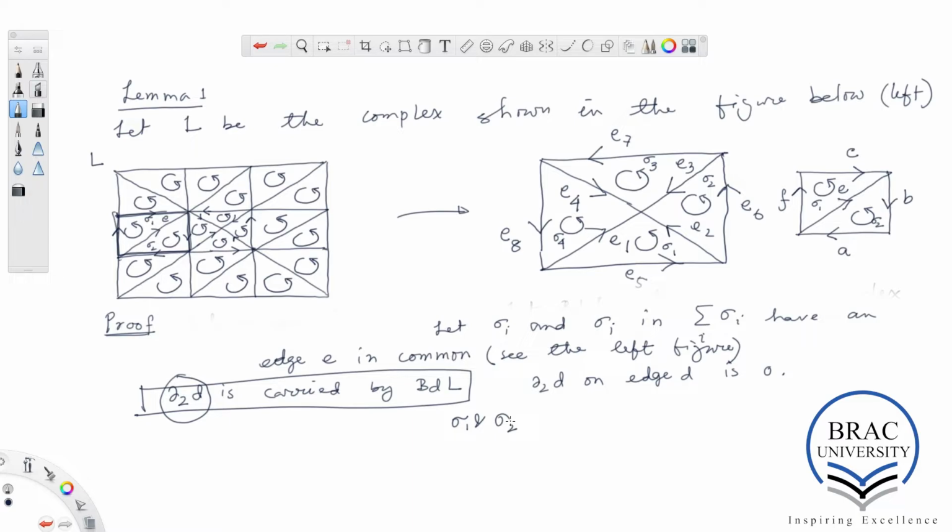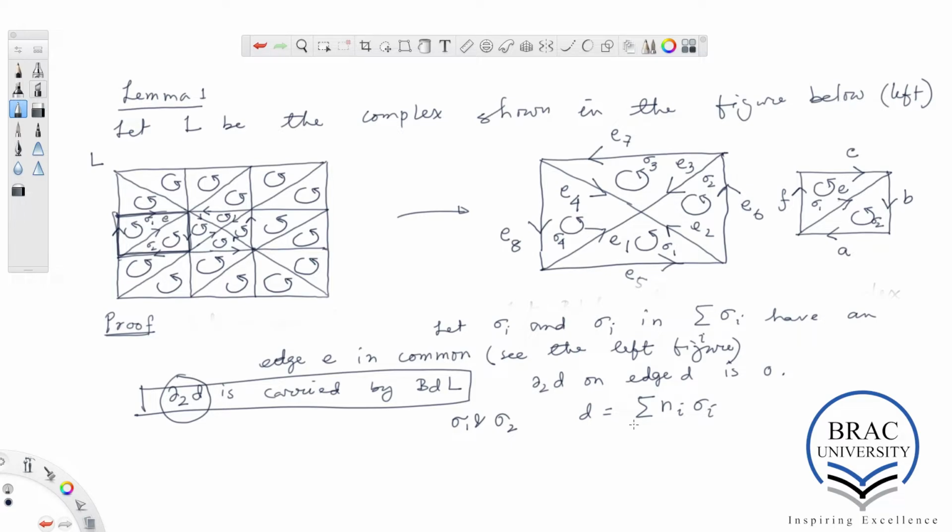Let us consider the contribution of these two simplices in this sum.